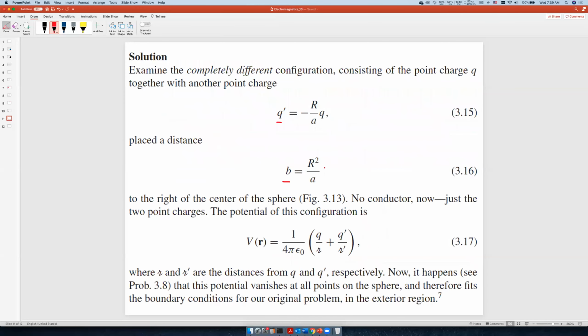Then your potential will equal 1 over 4 pi epsilon naught, times Q over R plus Q prime over R prime. Now it happens that this potential vanishes at all points on the sphere, and therefore it fits the boundary condition for our original problem in the exterior region.